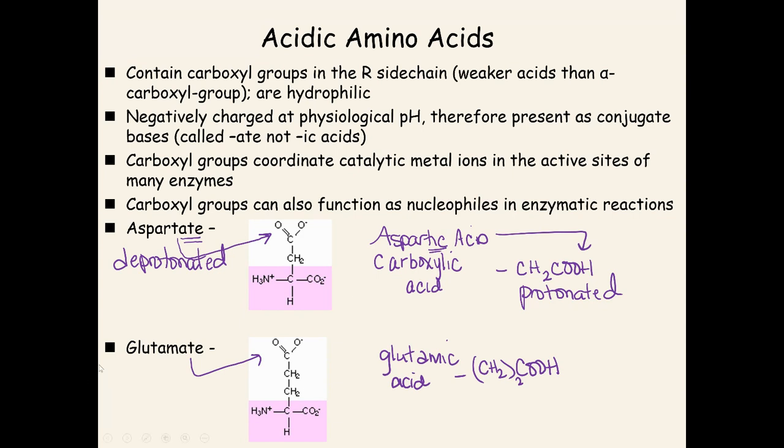Now, in a minute, we're going to talk about which one of these exists at pH 7.4, and it is considered an acidic. These are both acids, acidic amino acids. But we're going to look more closely at why we write them a certain way and how that's pH dependent.